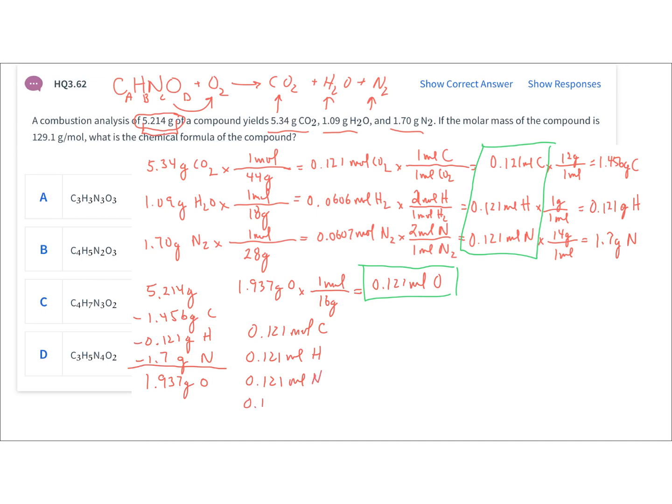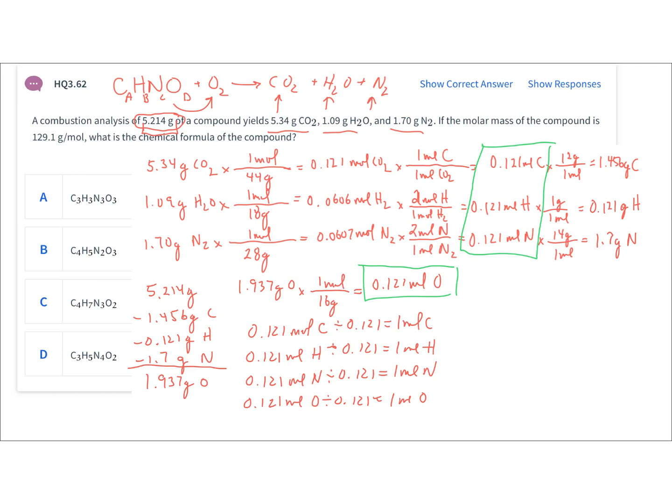Divide by the smallest number, so divide all of them by 0.121. And as you obviously can see, that leaves me with 1 mole of carbon, 1 mole of hydrogen, 1 mole of nitrogen, and 1 mole of oxygen.